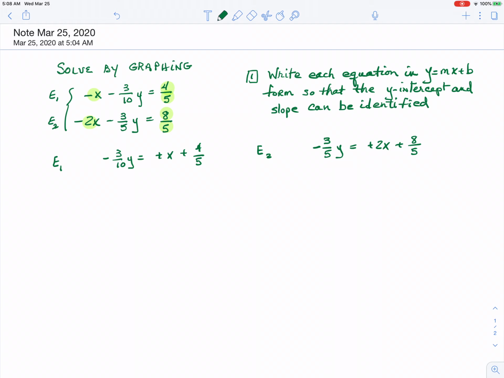All right, so down beneath here, you see where I've written equation number 1 and equation number 2, and I've already moved the x term in each of these over to the right, and of course the sign reversed as I did that.